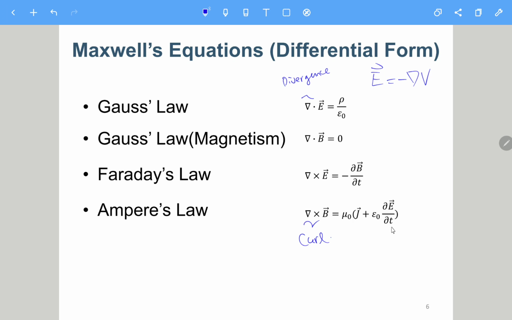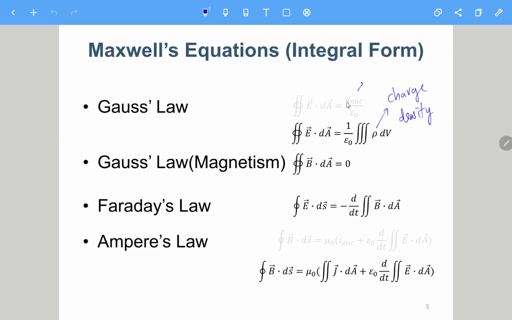So you can try to understand why we need to rewrite this Q into the triple integration of the charge density, and also we need to rewrite this current into the double integration of the current density.